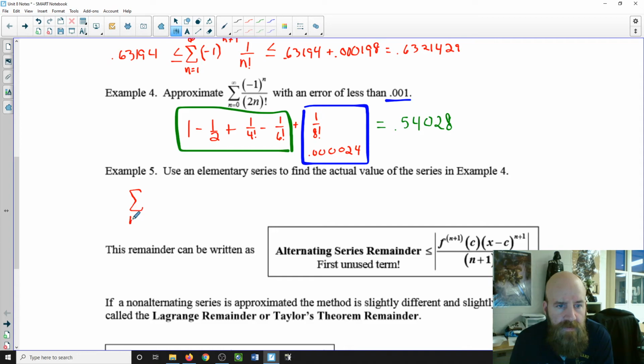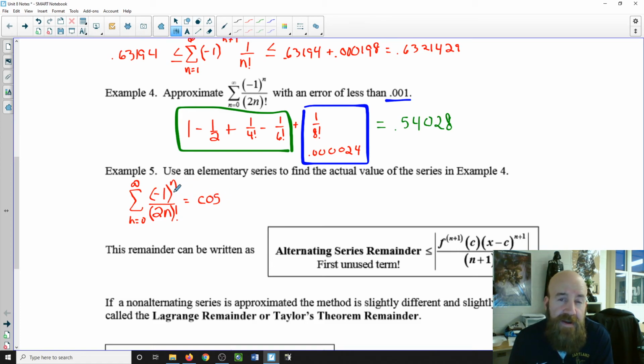Okay, so the series from n equals 0 to infinity of this would be, so we should recognize this as cosine. So we're just missing the x to the power.